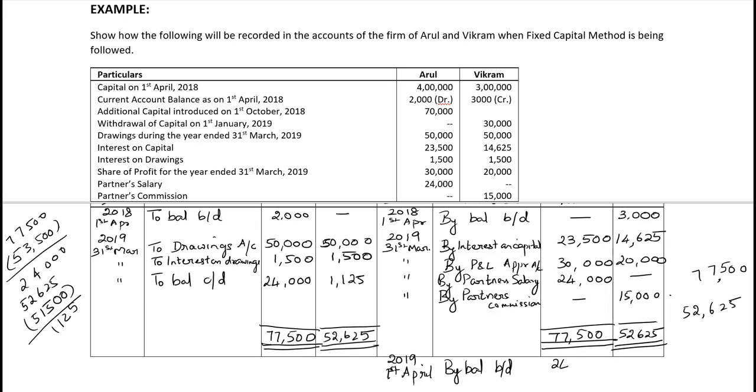For Arul it's 24,000, and for Vikram it's 1,125 rupees.